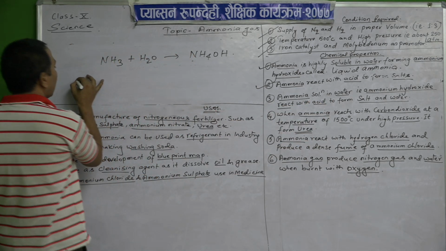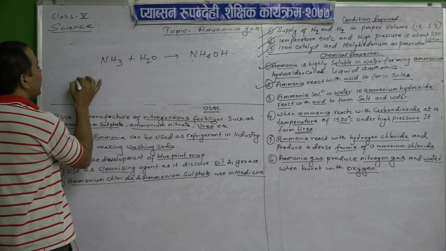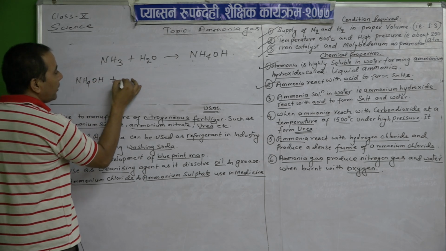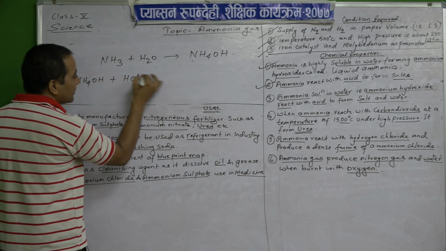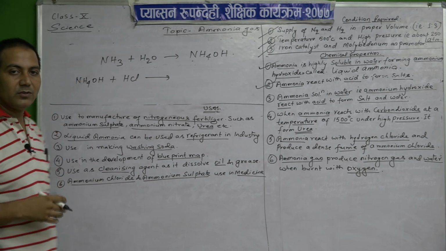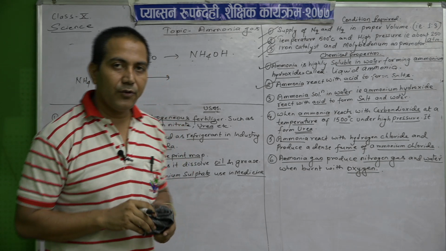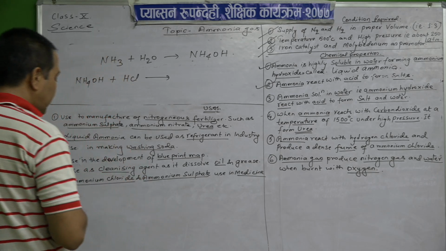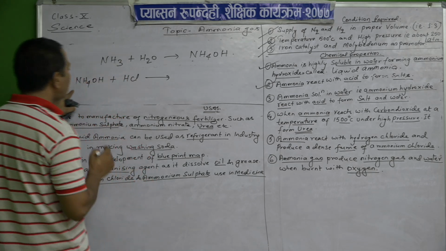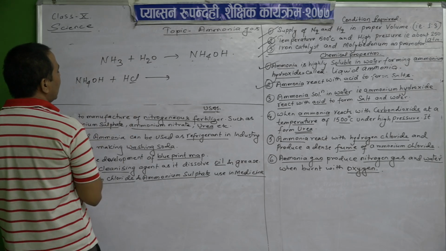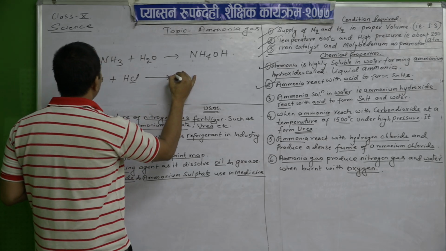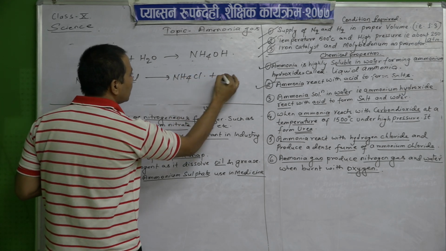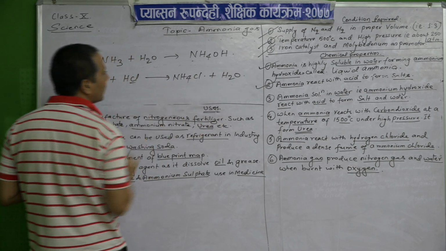If it reacts, what are we reacting? We are reacting ammonium hydroxide with what? Acid, HCl. Let us take the common acids which we use in most reactions. So when ammonium hydroxide reacts with acid, what happens? It will produce NH4Cl plus what? H2O.